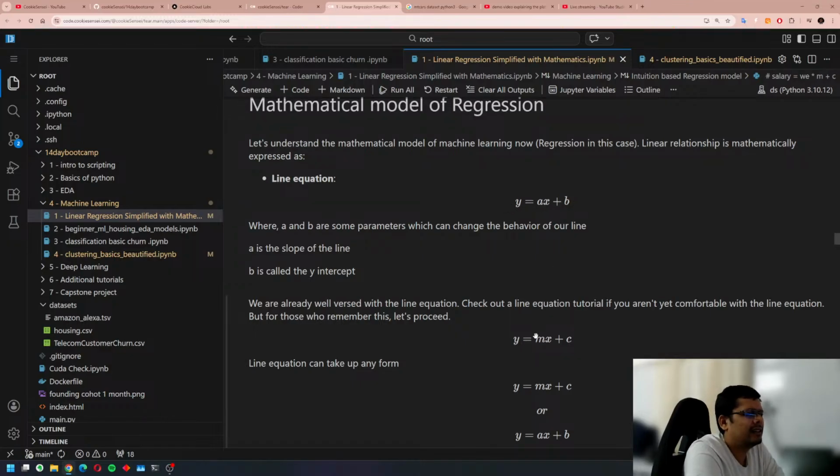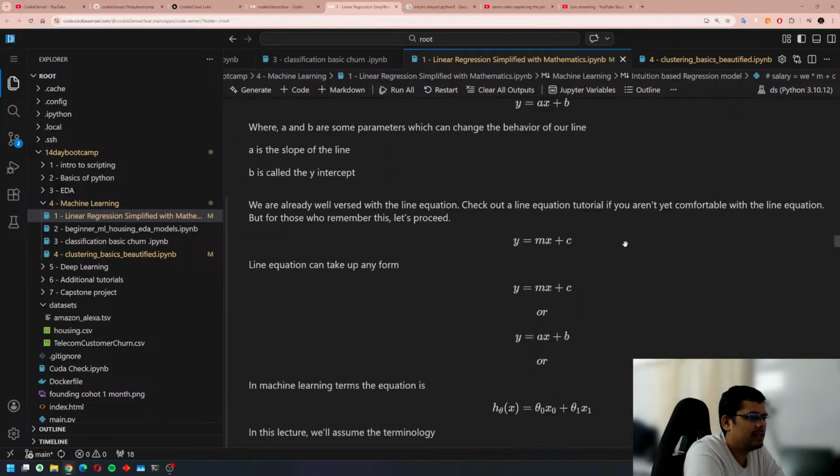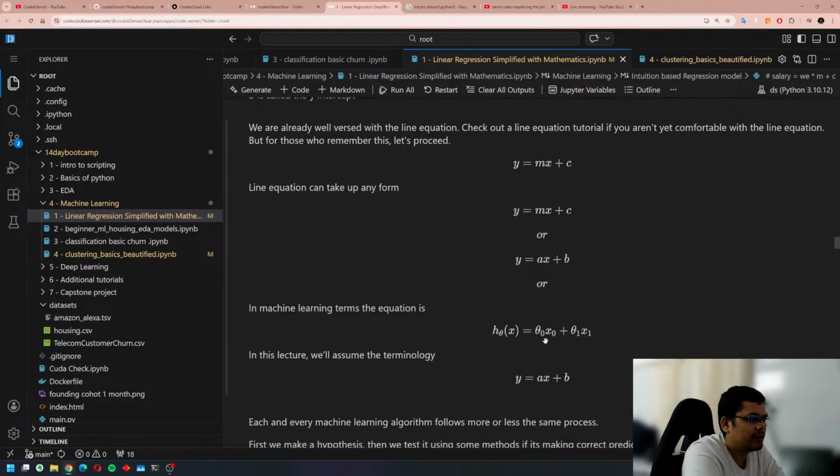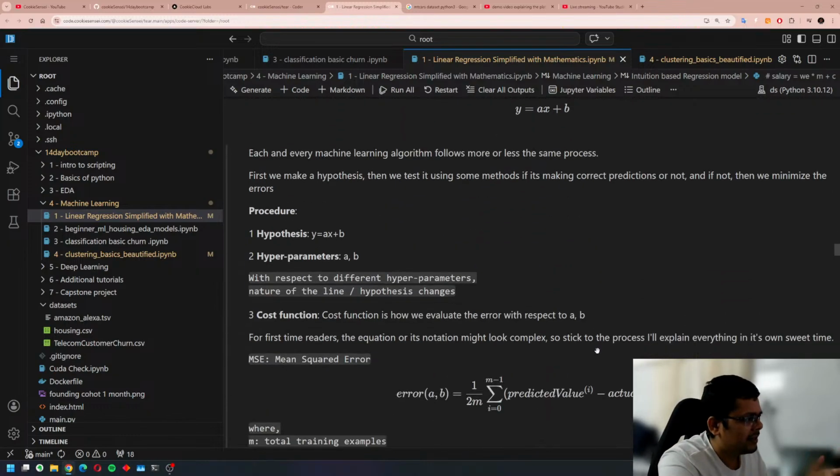I can write it as mx plus c, or in machine learning lingo it is called theta 0 x0 plus theta 1 x1, because this is a matrix form. And if you don't know what matrices or linear transformations are, still fine, because our agenda is not to discuss mathematics. Our agenda is to discuss intuition.